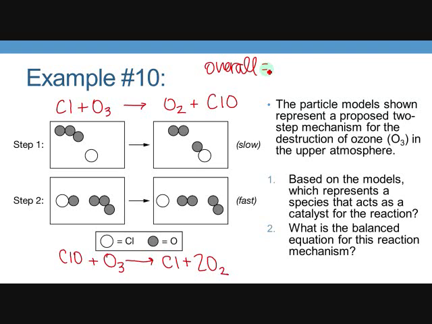The ClOs can cancel, and the Cls can cancel. Okay, so everything that's left over, we have 2 O3s turning into 3 O2s. So the O3 is ozone, if you didn't know that, and O2 is oxygen gas. So the destruction of ozone, our overall equation, we're breaking down the ozone into oxygen gas.